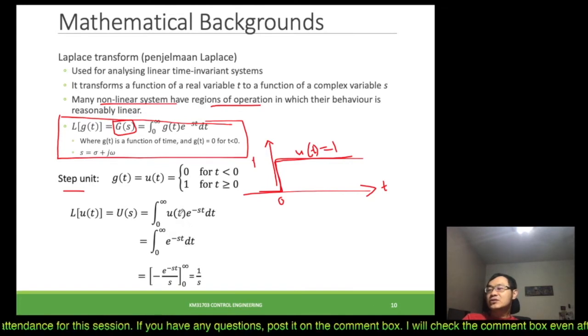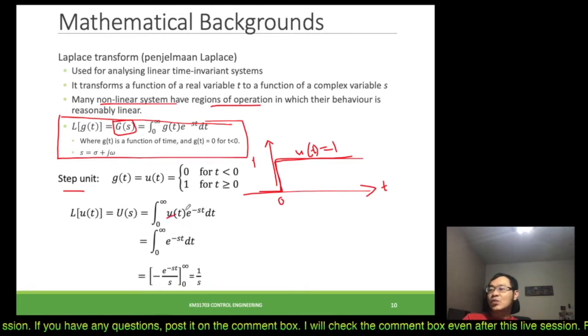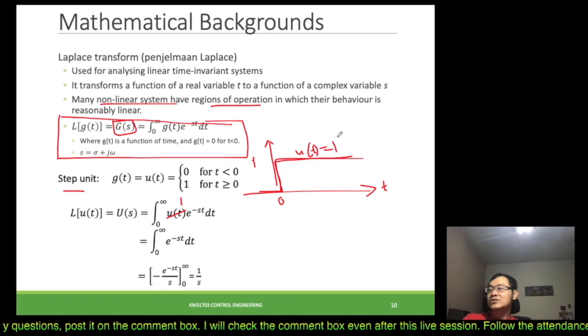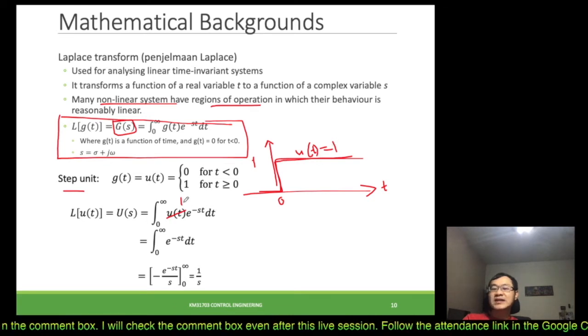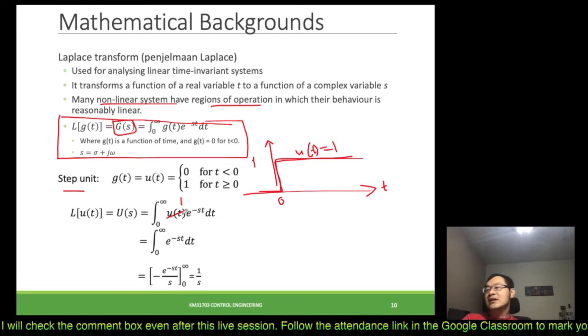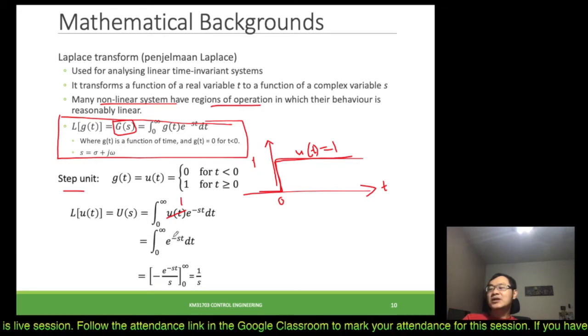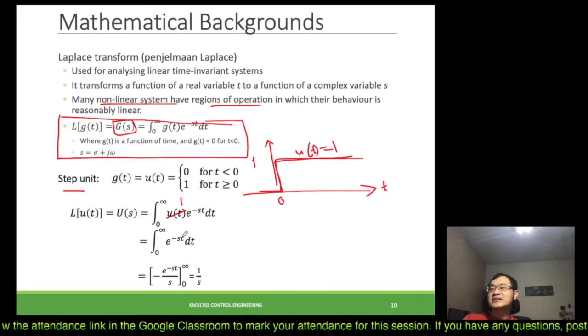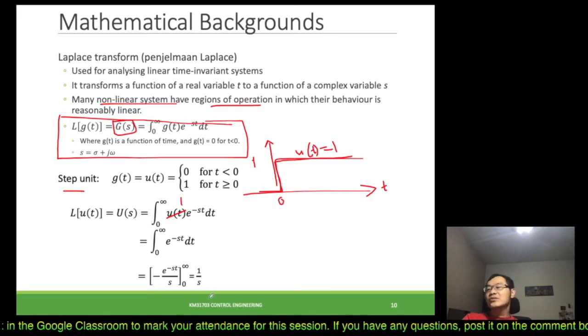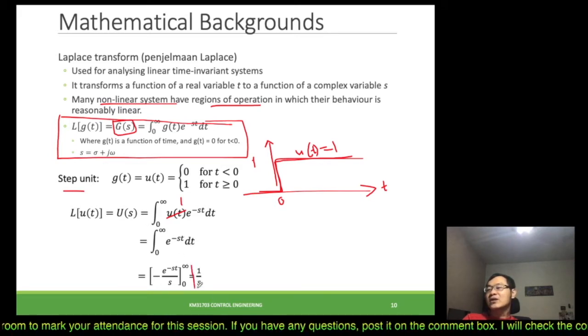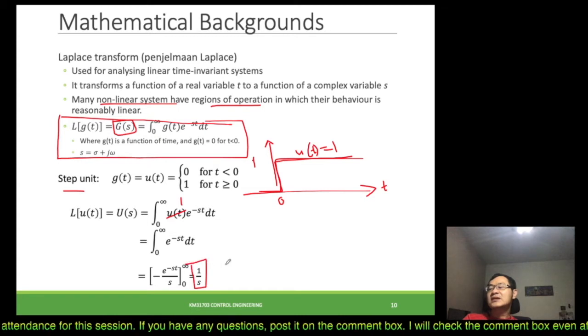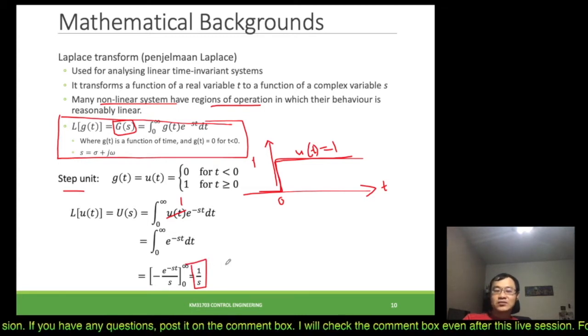This u(t) is 1, as a unit. Therefore when we integrate the exponential of minus st dt, we get 1 over s as our Laplace transform result.